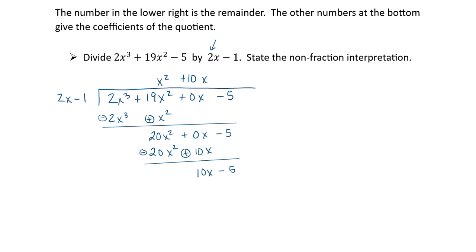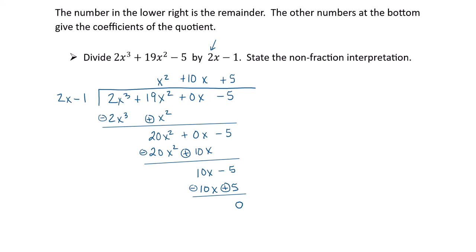10x divided by 2x is 5. 5 times 2x minus 1, that's going to give me 10x minus 5. Draw your line, change your signs, combine down, and I have 0 as my remainder.